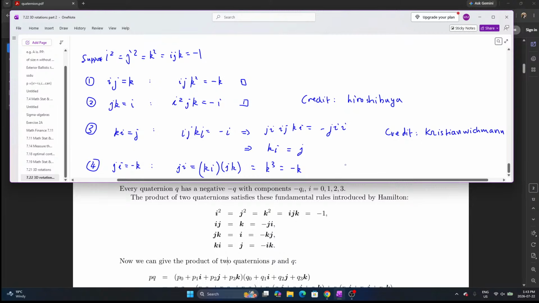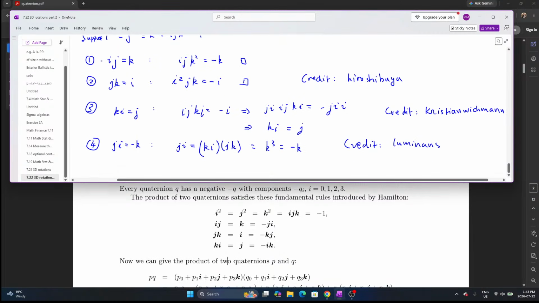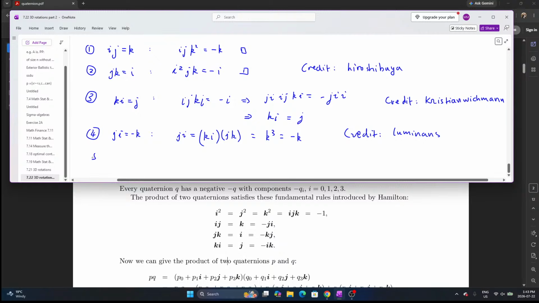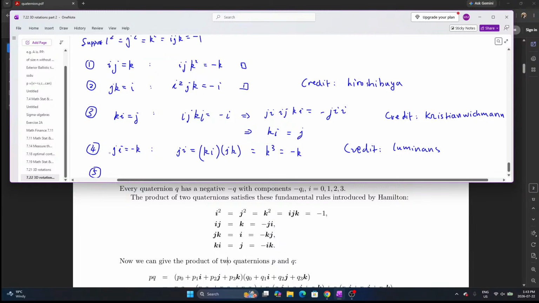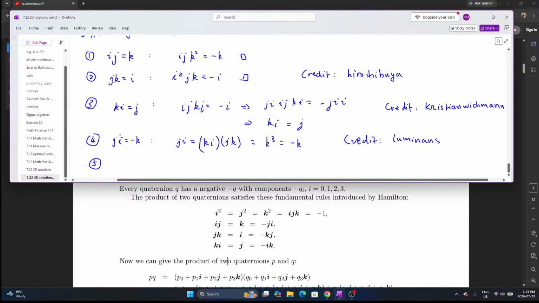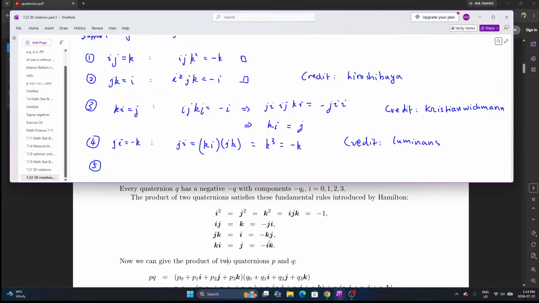This one's credit is luminance. Thank you very much. So now antisymmetry is shown, at least for the first one. Okay, so the next is minus kj.